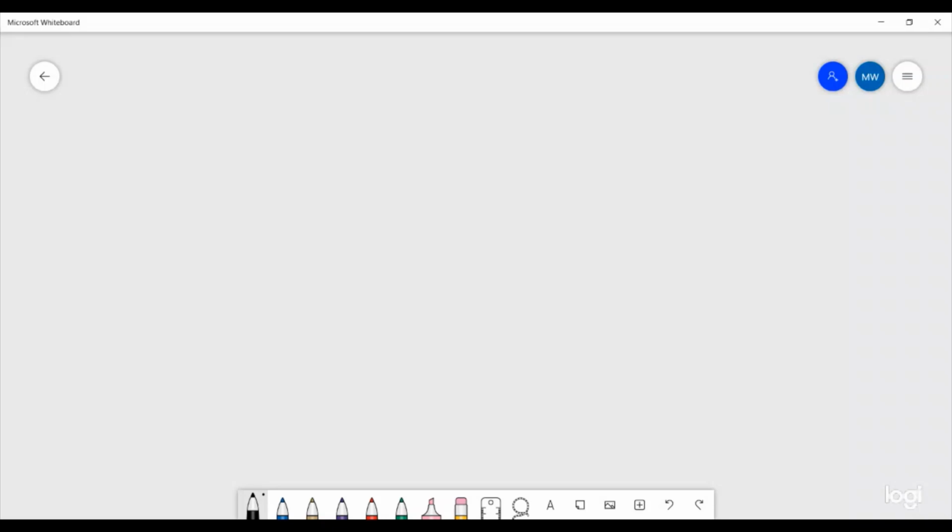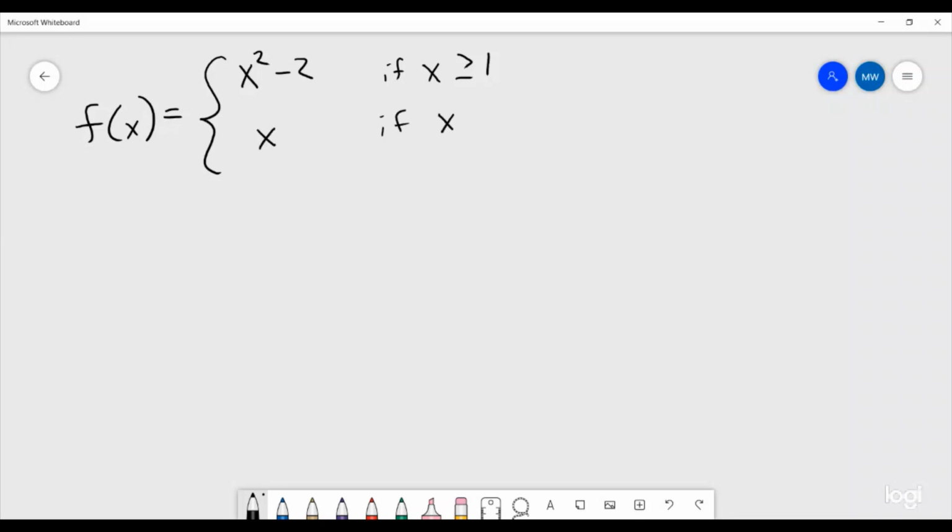So let's go through and write down a few different functions. We have f of x equals, a piecewise function, x squared minus 2 if x is greater than or equal to 1, and x if x is less than 1.